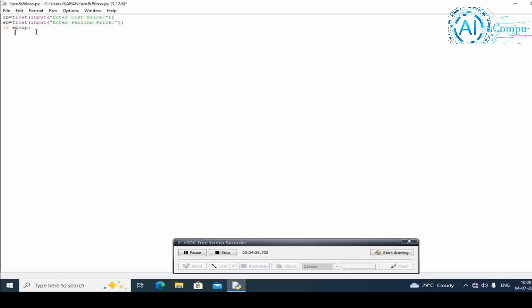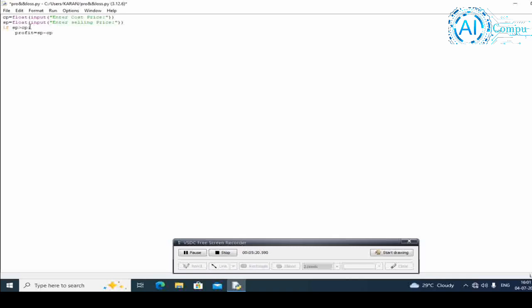Here CP is the value entered by the user, and SP is the selling price. So profit equals selling price minus cost price, simple mathematics.